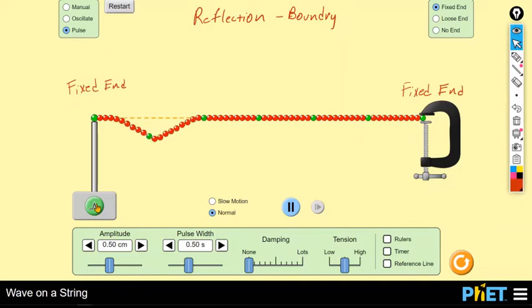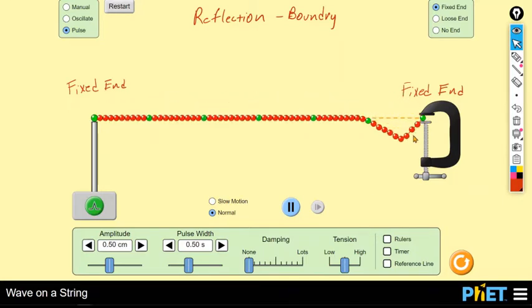So we should be noticing two things here. One thing is that the amplitude changes from positive to negative. That is what happens when it meets that fixed end. The other more obvious thing is that the wave is reflected. It bounces off of the fixed end and goes back in the other direction, and then again.